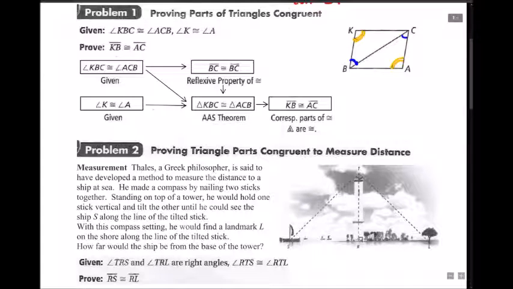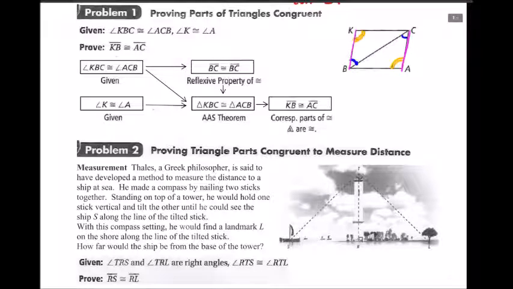And what are we trying to prove here? We want to prove that segment KB, this segment right here, and segment AC are also congruent.